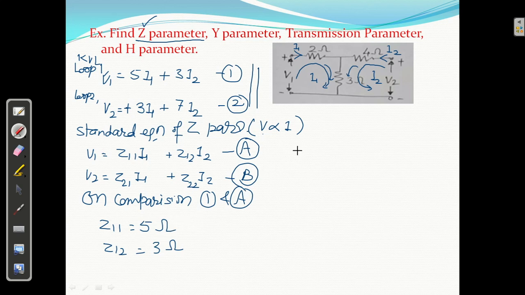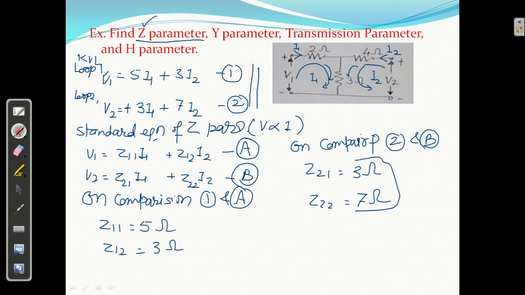Similarly, comparing B and 2, Z21 equal to what? 3 ohm, and Z22 equal to what? 7 ohm. So this is the way I got all 4 parameters Z11, Z12, Z21, Z22, right? So you just have to write the KVL. Both current should be incoming current. You have to write the KVL and write the standard equation and compare it.